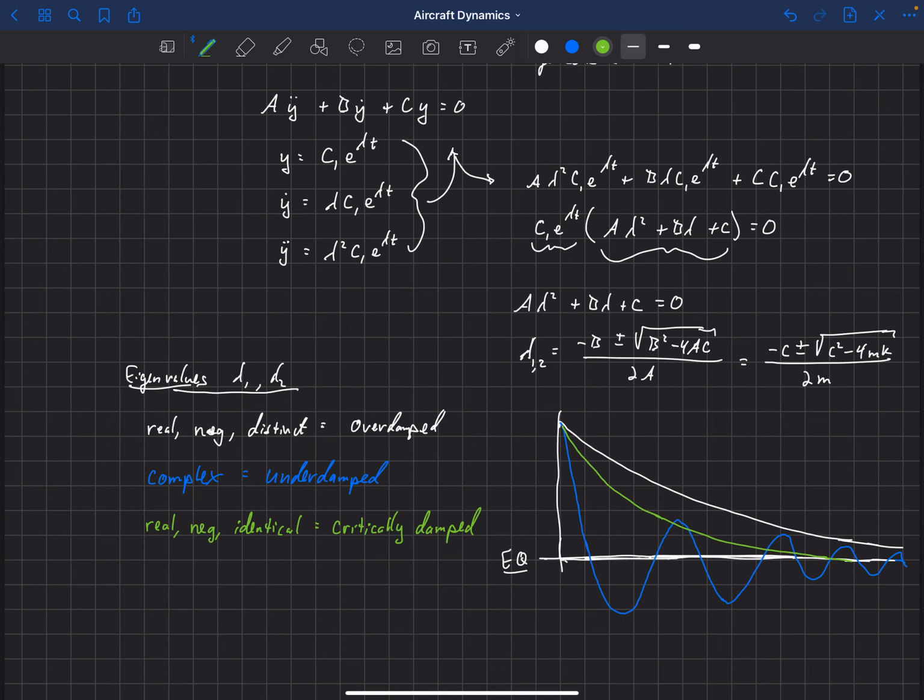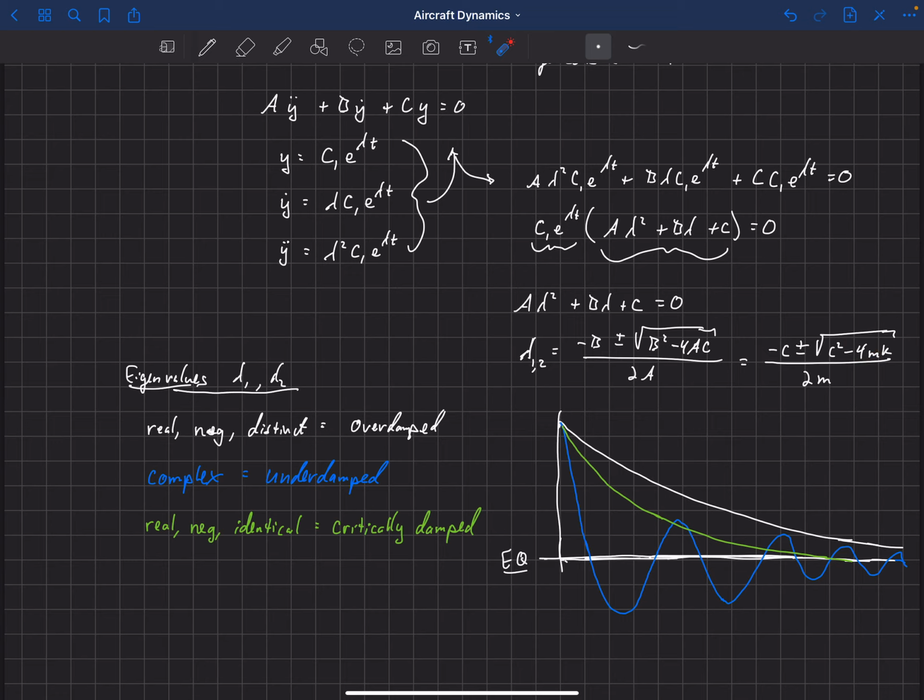Okay, so let's talk just a little bit more. Well, first of all, we could use this information now to look at the ratio between the damping c and the mass and the spring constant here, and come up with scenarios where we could say it's going to be overdamped.